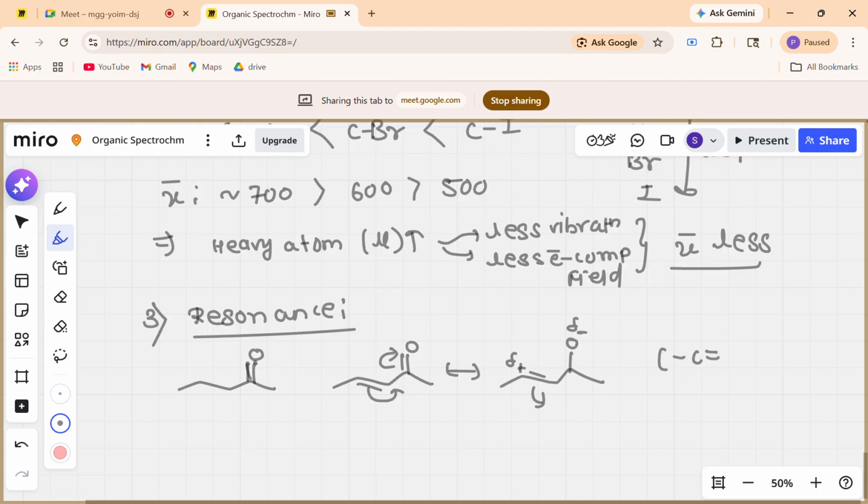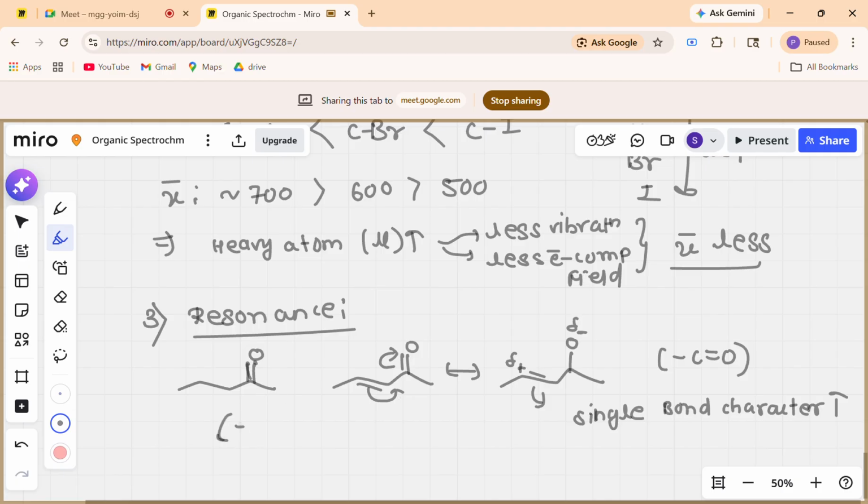here delta minus and delta plus charge separation can happen because of resonance, right? So when you are talking about a C double bond O character, because of resonance the single bond character between the CO bond will increase.